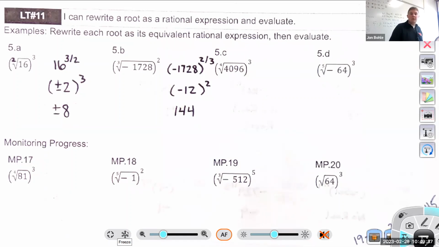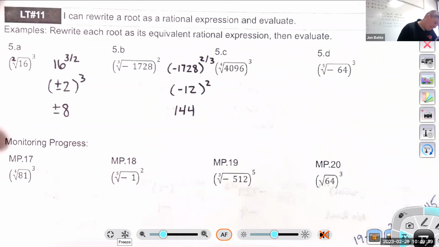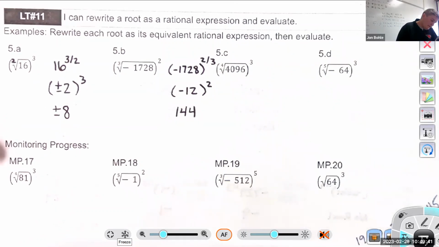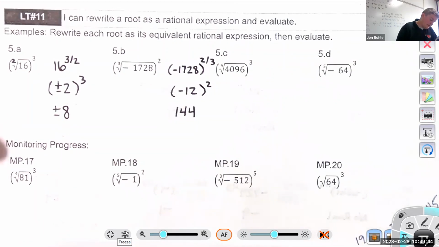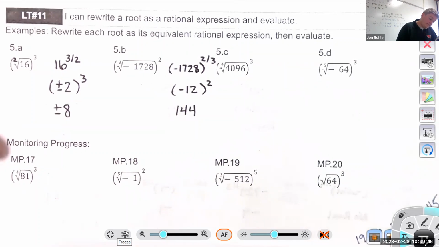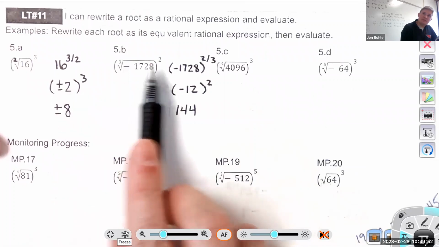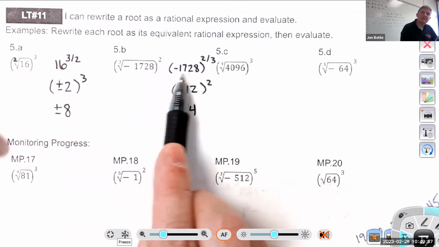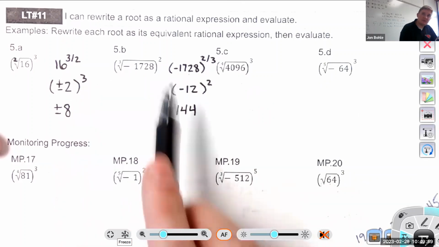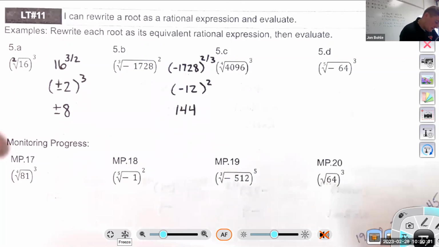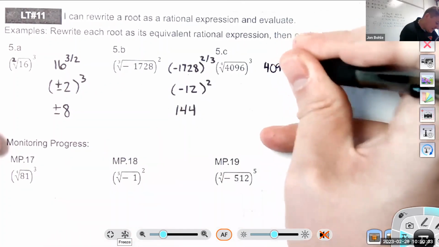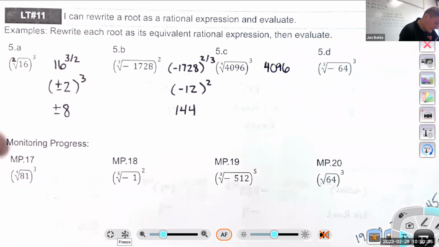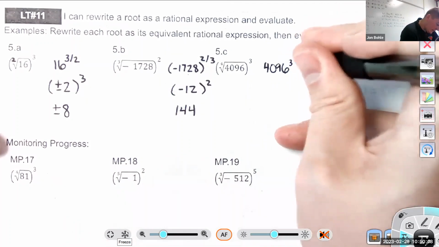All right. What would the base of my exponent be here? Well, what was the base of my exponent here? And what's the base of my exponent here? Base was 1,728. This base was 16. What's this base? 4,096. And what exponent? 3/4.